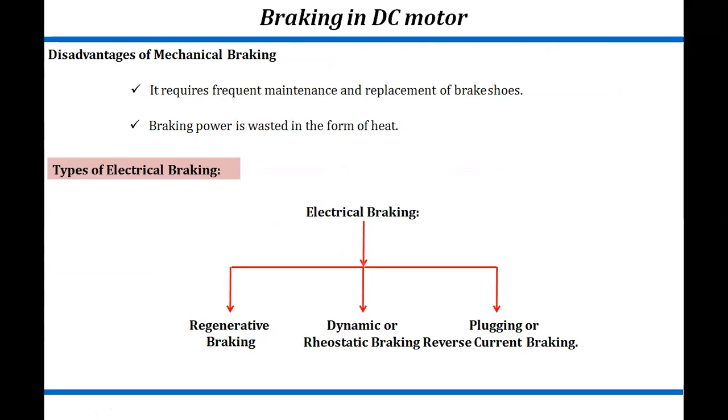There is one disadvantage of braking in a DC motor: when we give the brake, a large amount of power gets wasted in the form of heat. So braking power is wasted in the form of heat when we give the brake to the DC motor.